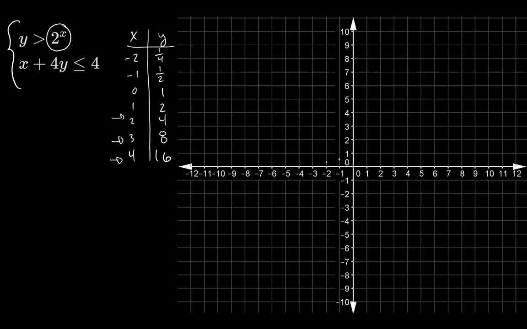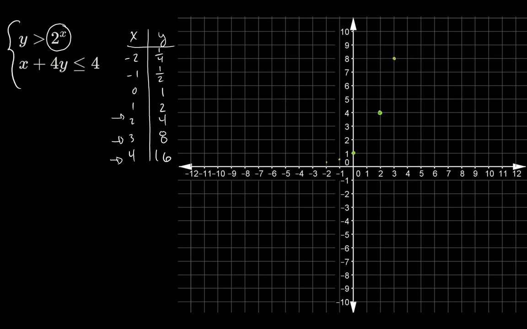When x is 0, we're at 1. When x is 1, we are jumping to the number 2. And when x is 2, we're going all the way up to the number 4. 3 is sending us to 8. And 4 is going off the scale up at 16 there.